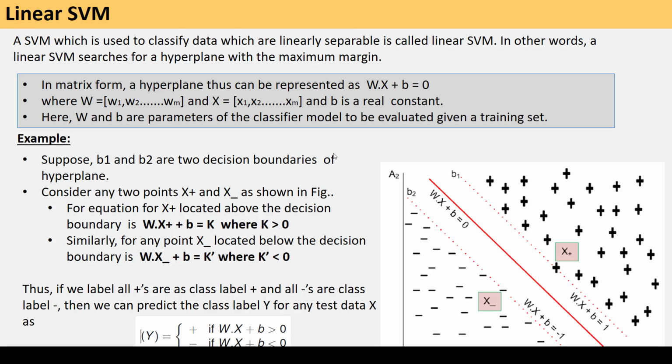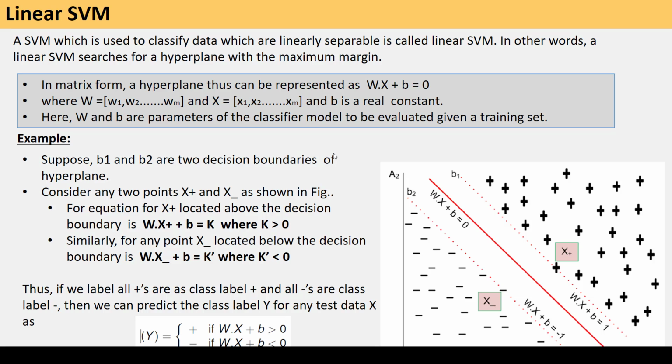The equation for x plus, located above the decision boundary, is w dot x plus b is equal to k, where k is the value we are trying to figure out. If it falls on the positive side it should be greater than 0, and similarly any point located below the decision boundary line will have k less than 0.